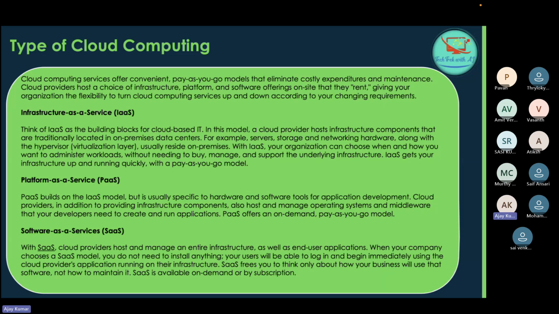In simple words, they are providing you servers, network, and storage, whatever you want, along with the virtualization layer if you want, right? Whatever application you want to install and how you want to connect them to each other, that is going to be done by you. And again, IaaS gets your infrastructure up and running quickly with a pay-as-you-go model, right?